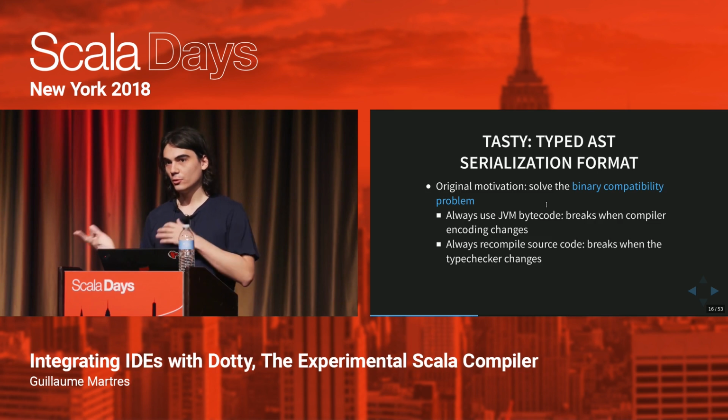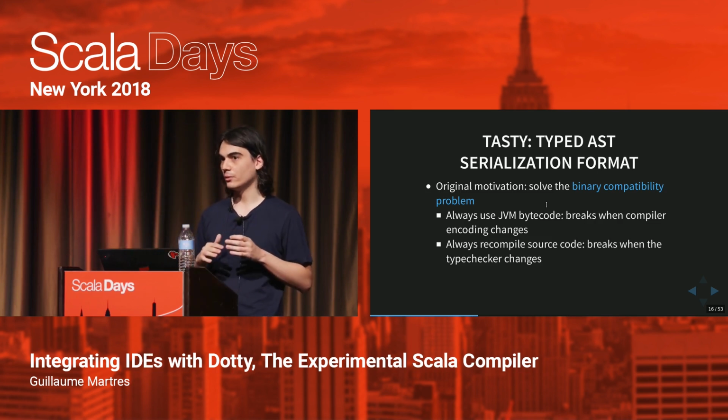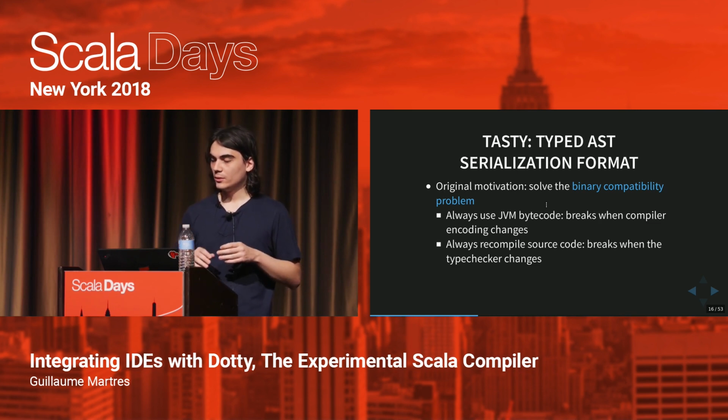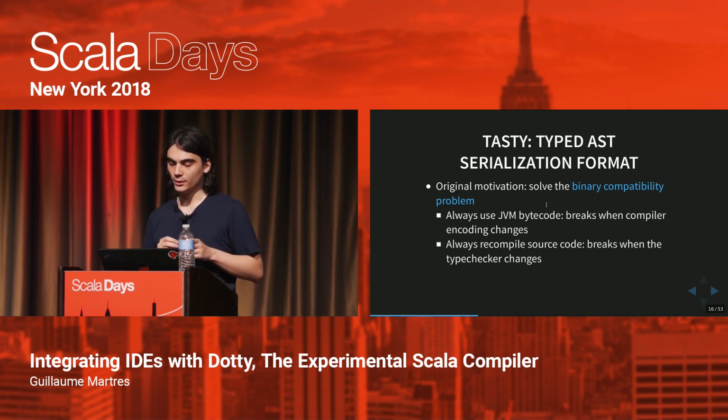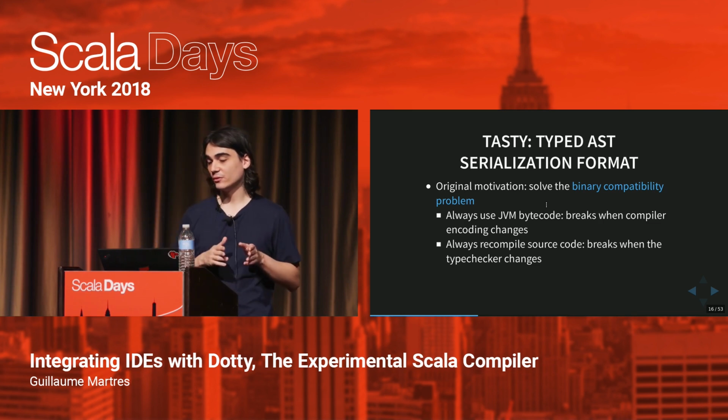So instead, you could always recompile from source code. But if you do that, if the type checker changes, if, say, implicit search changes or some details of type inference changes, then your code might stop compiling. So tasty is kind of an intermediate between these two things where we store the abstract syntax tree just after type checking.